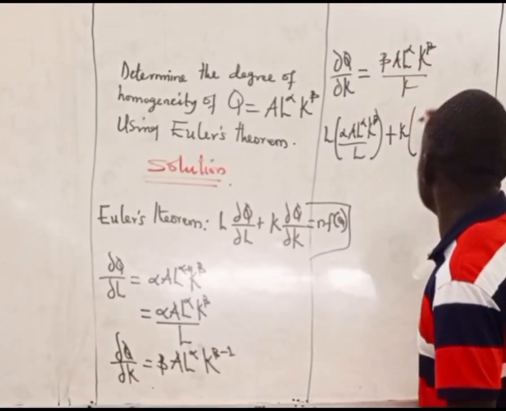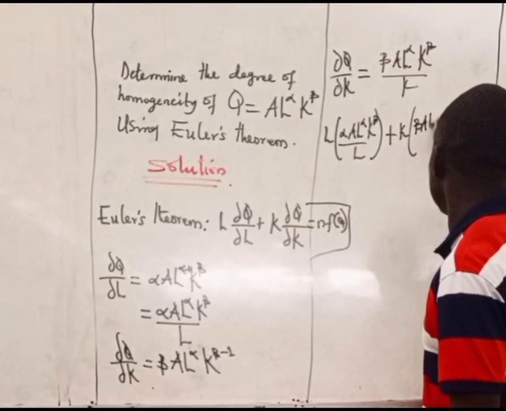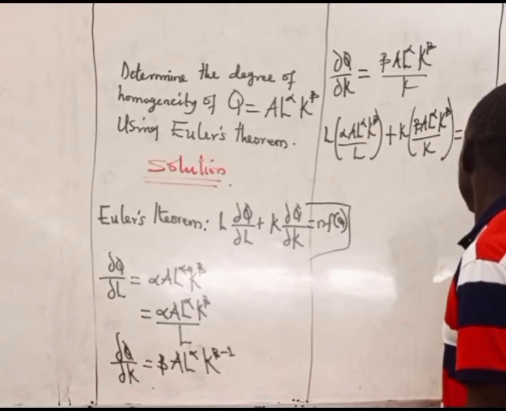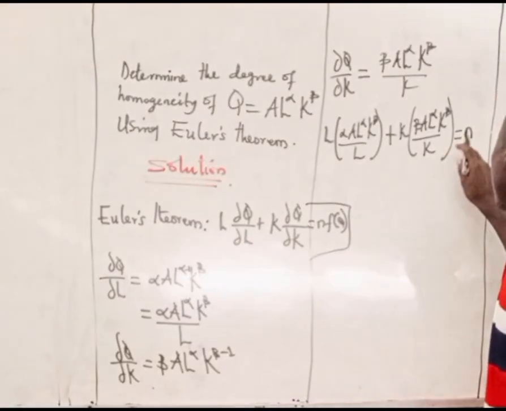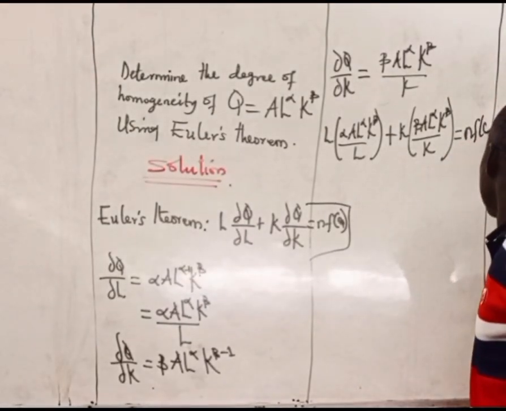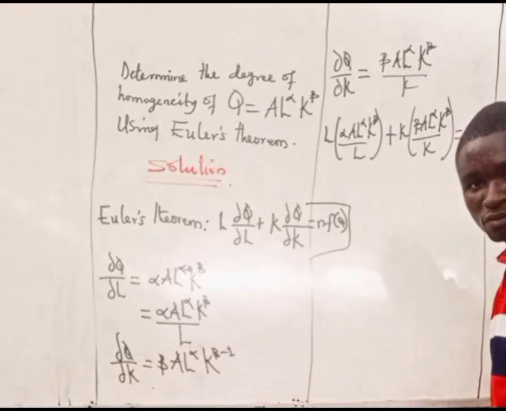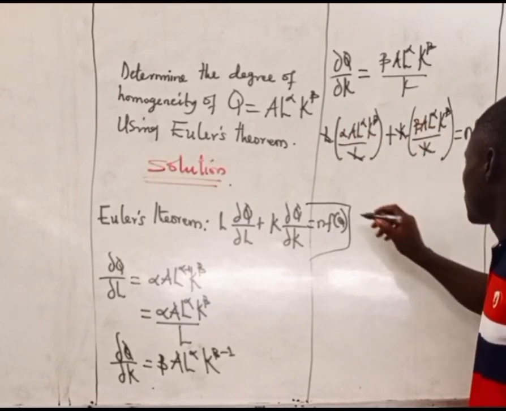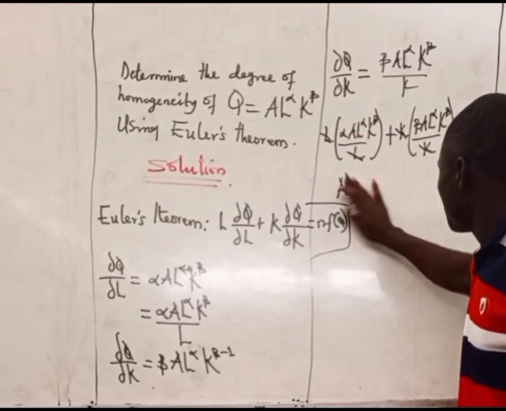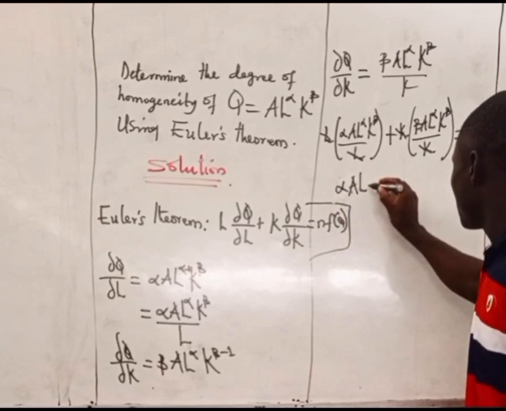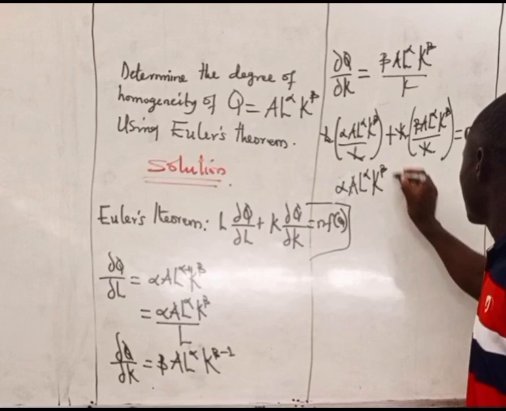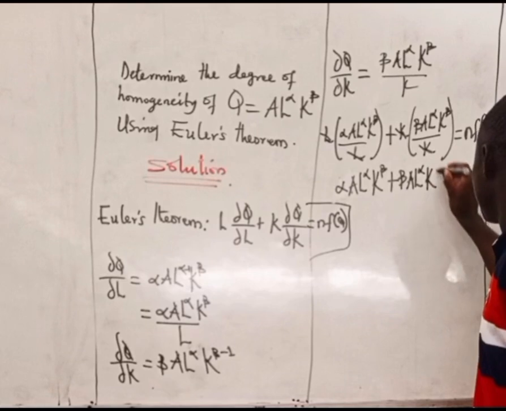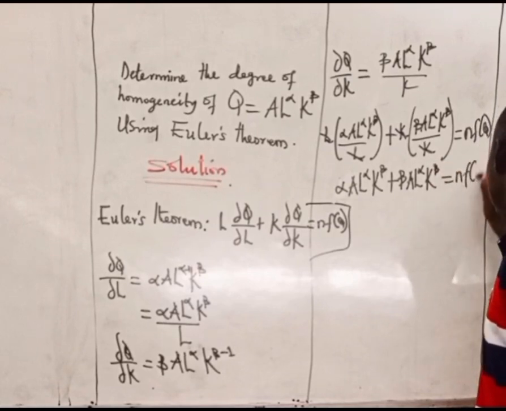The dq dk is beta A L^alpha K^beta over K, equals n, which represents your degree of homogeneity, function of Q. So from here, our L can cancel L, and our K can cancel K. So we have alpha A L^alpha K^beta plus beta A L^alpha K^beta equals n function of Q.